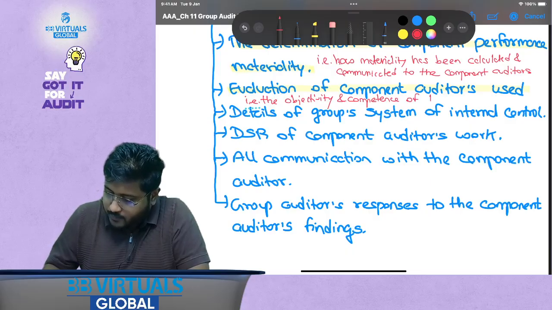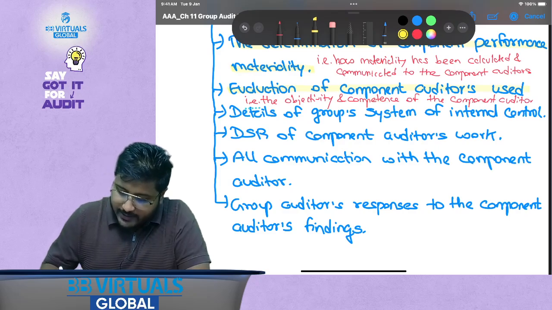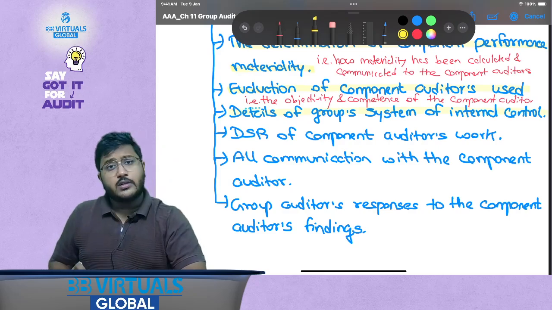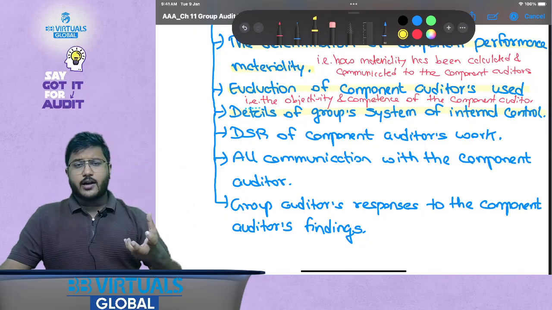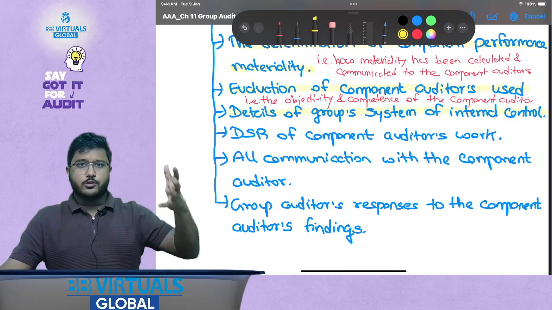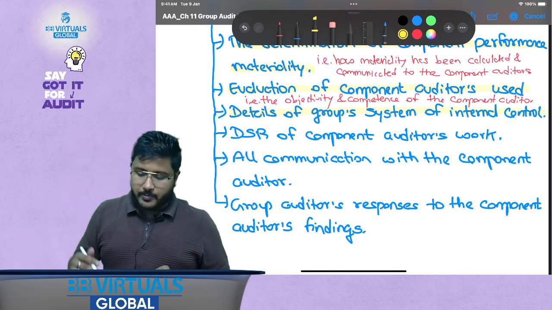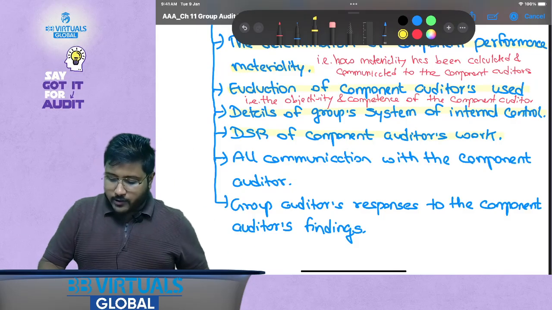Now, details of the group's system of internal control. The system of internal control should be understood and evaluated by the auditor, and the details regarding that should be kept. But for the group, the group's system of internal control should be understood. DSR of component auditors' work. What is DSR?